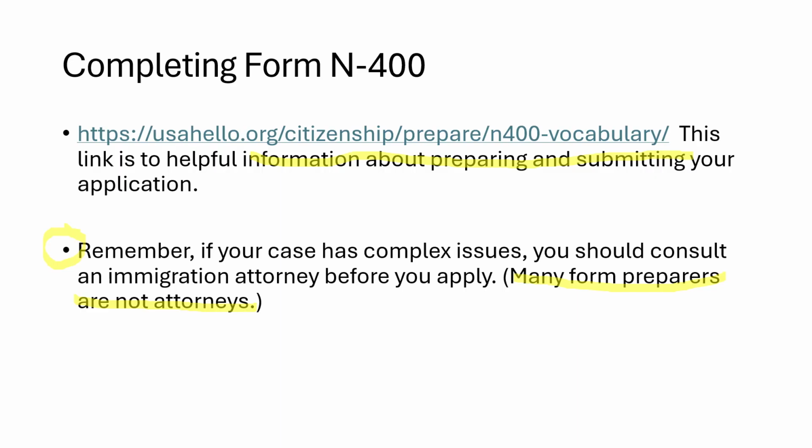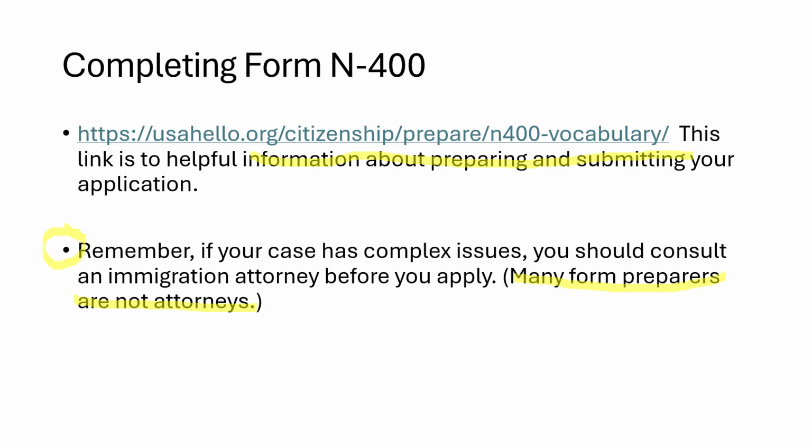So if you have complex issues, maybe previous marriages, and you're not sure if they were properly terminated, maybe arrests or charges, and you're not sure if they disqualify you or if they were completely resolved, maybe previous detentions or deportations, and you need to make sure whether those impact you or not.